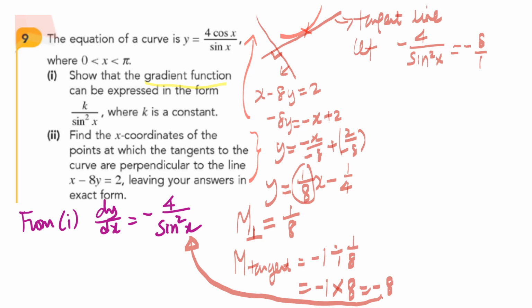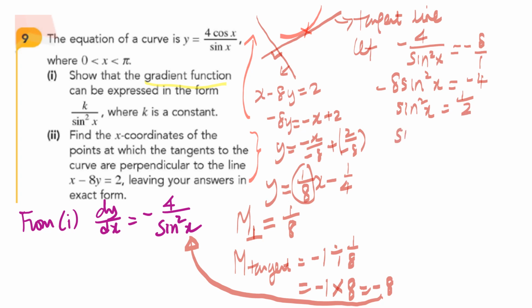So we cross multiply, you get 8 sine square x equals negative 4. Sine square x will be negative 4 divided by negative 8, that gives you half.